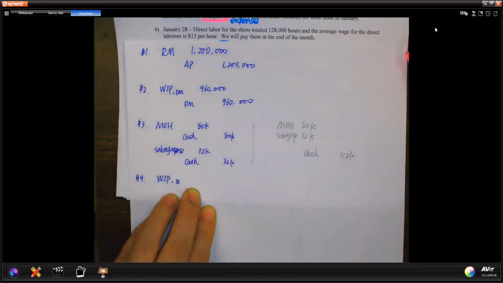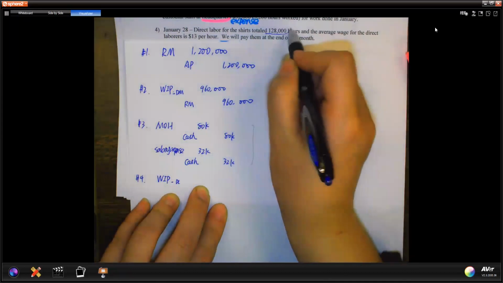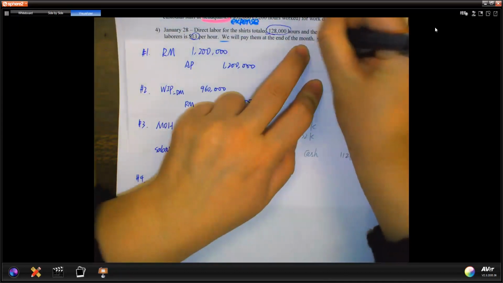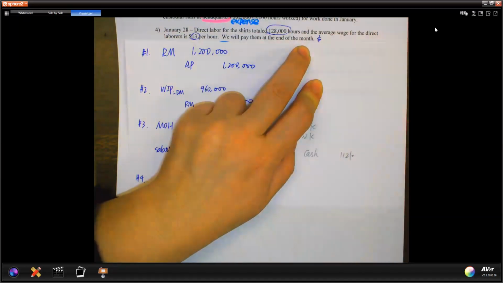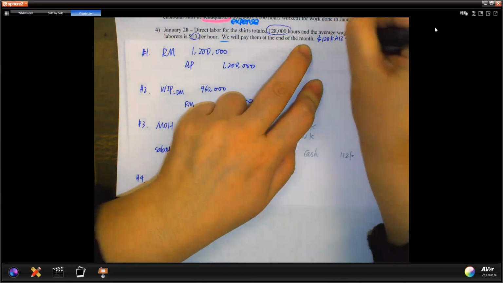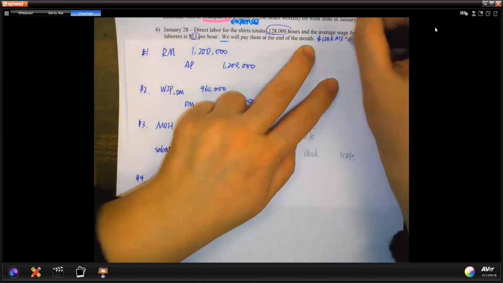You worked for this many hours, and each hour is $13. So the dollar amount will be 128,000 times 13. How much? It's 1,664,000.